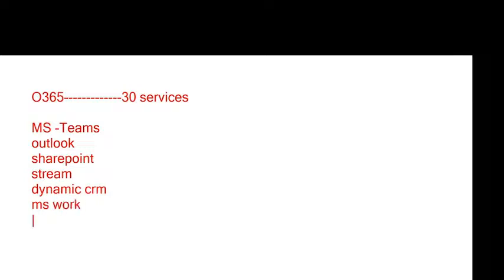We have MS Teams, Outlook, SharePoint, Stream, and Dynamics CRM. Also MS Word, PPT, Outlook, and all these components are managed by Microsoft.